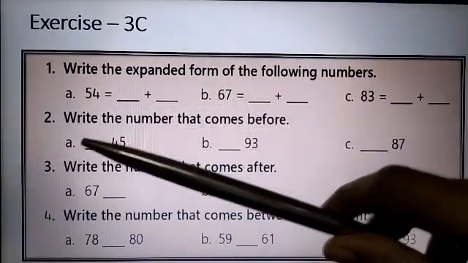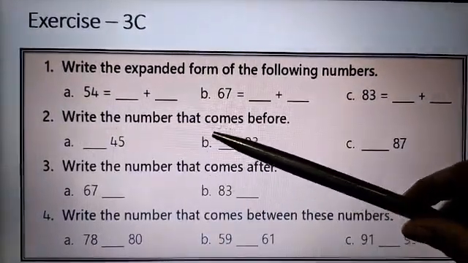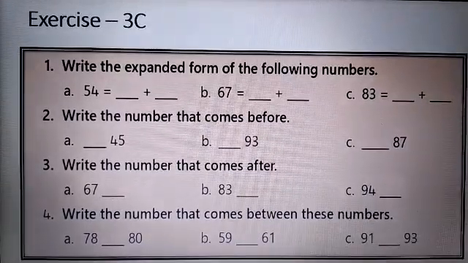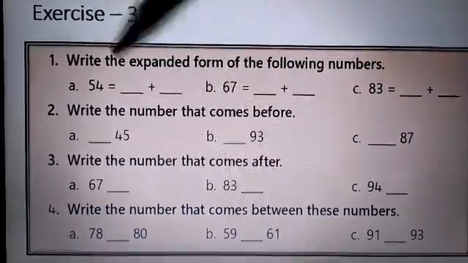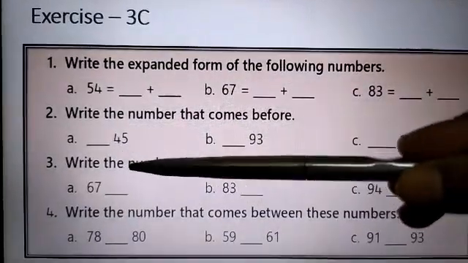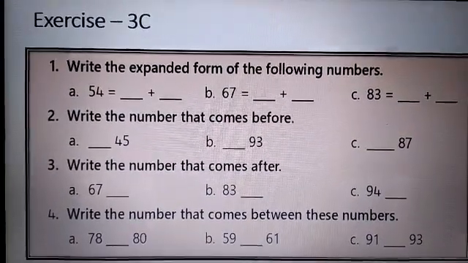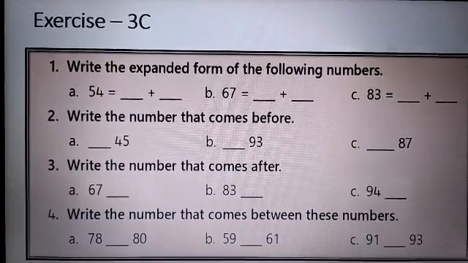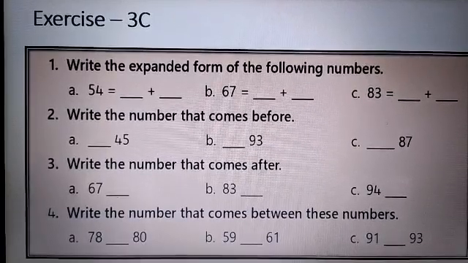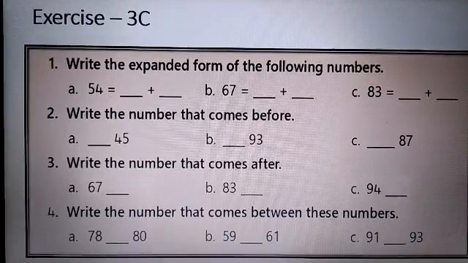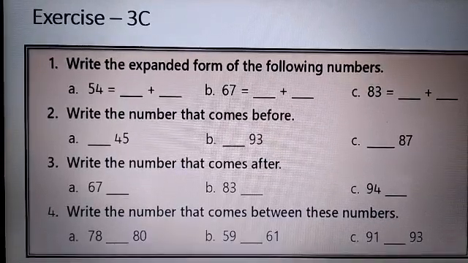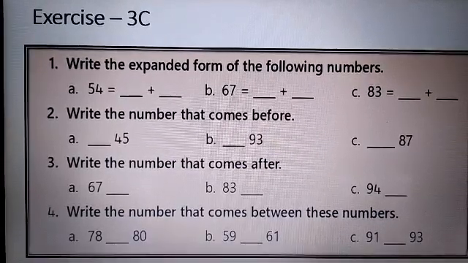Question number 2. Write the number that comes before. Now you have to write the numbers which come before these numbers. First is 45. Now what comes before 45? Tell me. 41, 42, 43, 44, 45. Which number came before 45? Yes, it's 44.